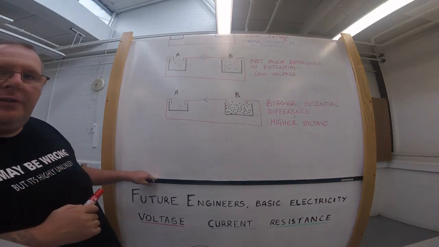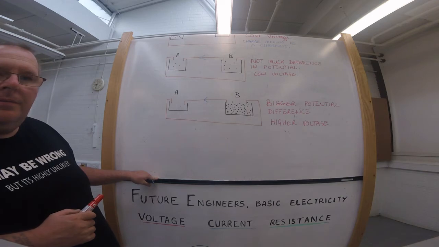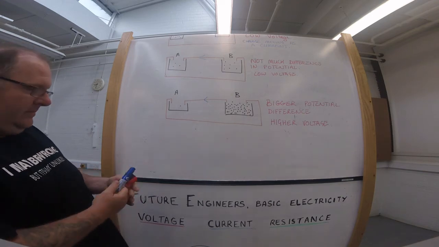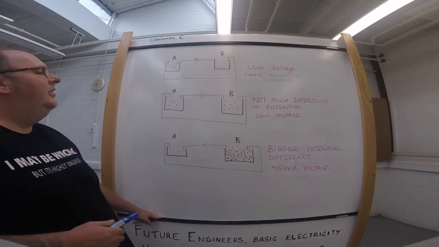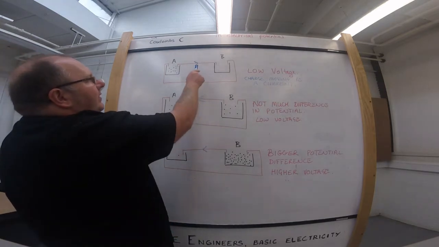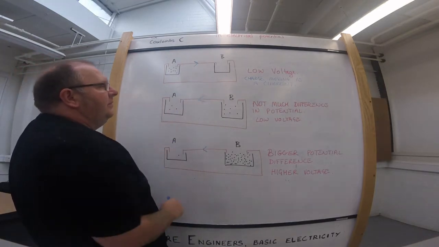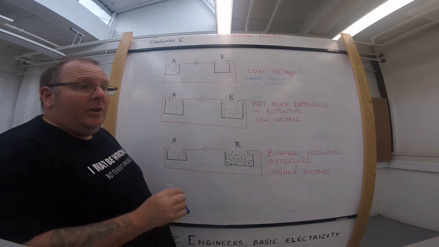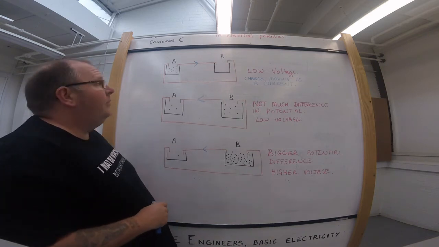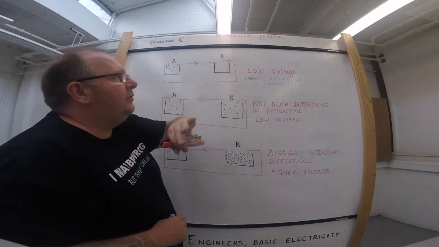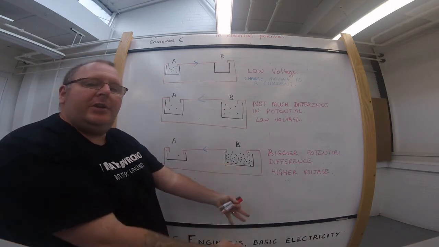What do you think that'll do to the current? Well, I can tell you, these two currents are very small because there's no real pushing force. The voltage pushes the current.